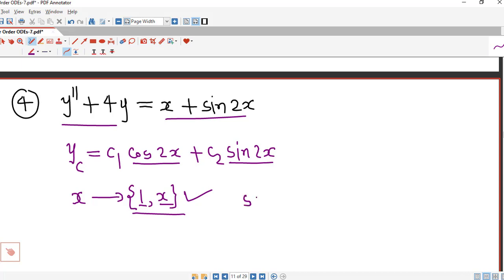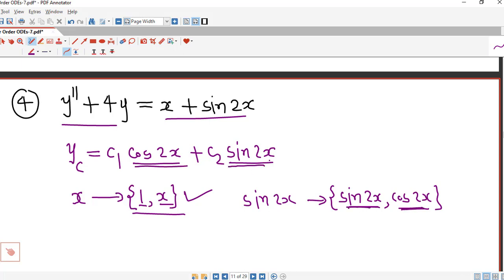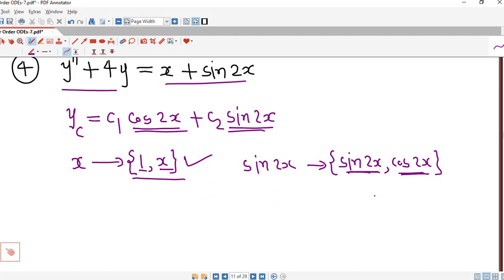Now the family corresponding to sin 2x is sin 2x, cos 2x, and we check whether any member of this family is present in the complementary function. We find that both members are present, so we modify this particular family. So here we have x sin 2x, x cos 2x.